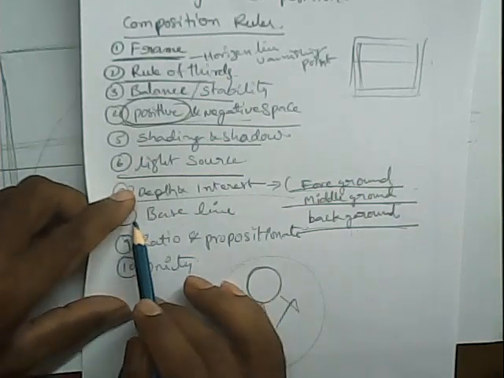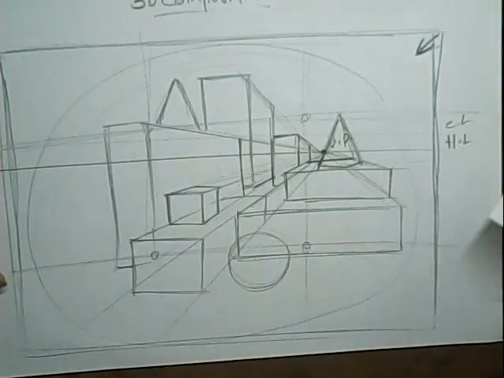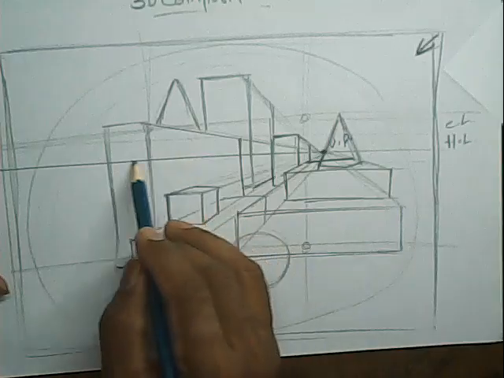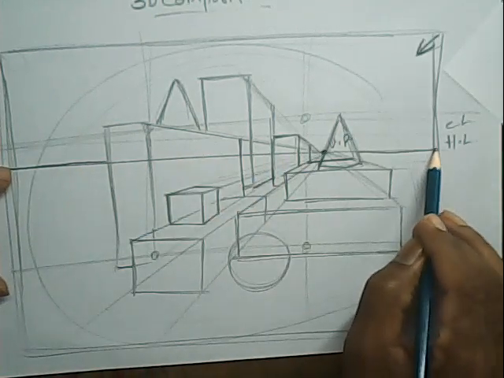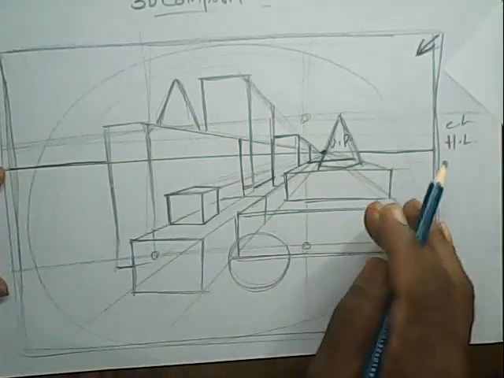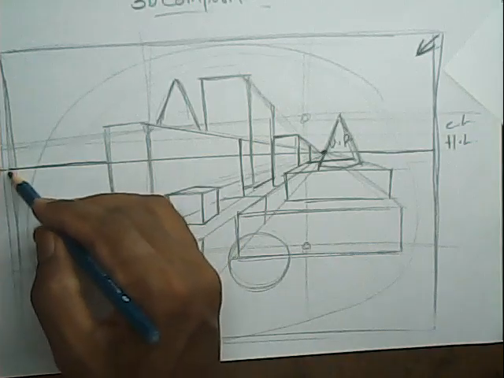So the next point is the baseline. What does the baseline mean? Where the vanishing point is ending, that is the baseline. So we'll erase the rest of the parts. This will show the baseline. What does the baseline mean? This one is like a table.